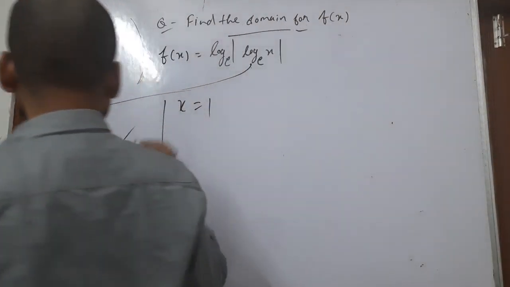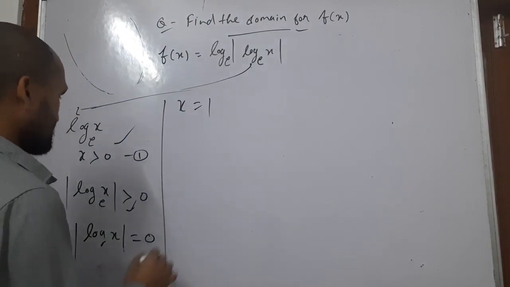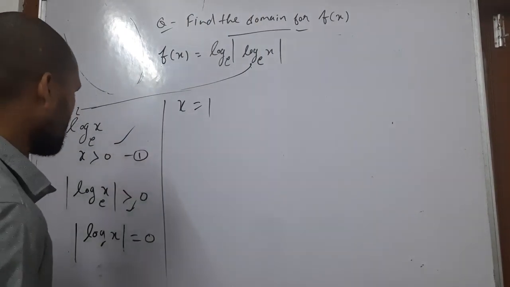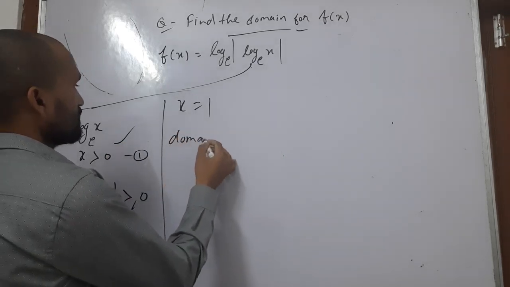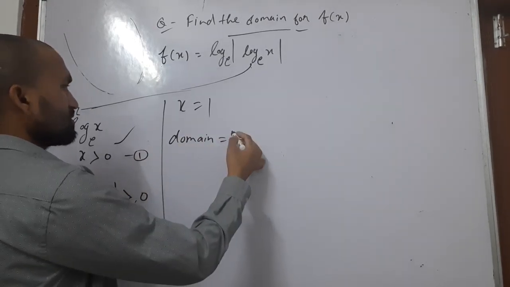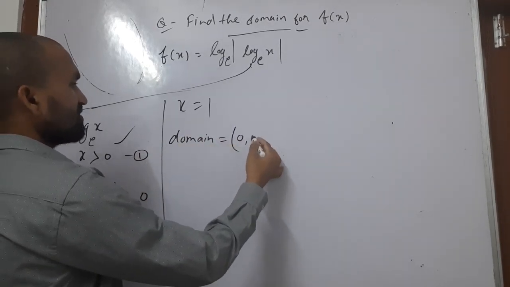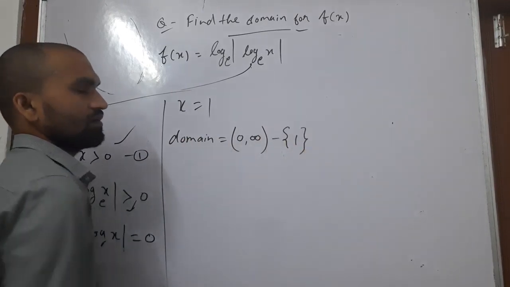So this relation 1 gives that the domain is x greater than 0, which means what? 0 to infinity minus 1.